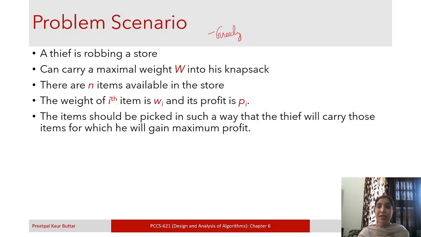And what is our motive? We should pick the items in such a way that the thief will carry only those items for which he will gain a maximum profit. Plus, the weight of those items should not exceed the capacity of the knapsack, right?